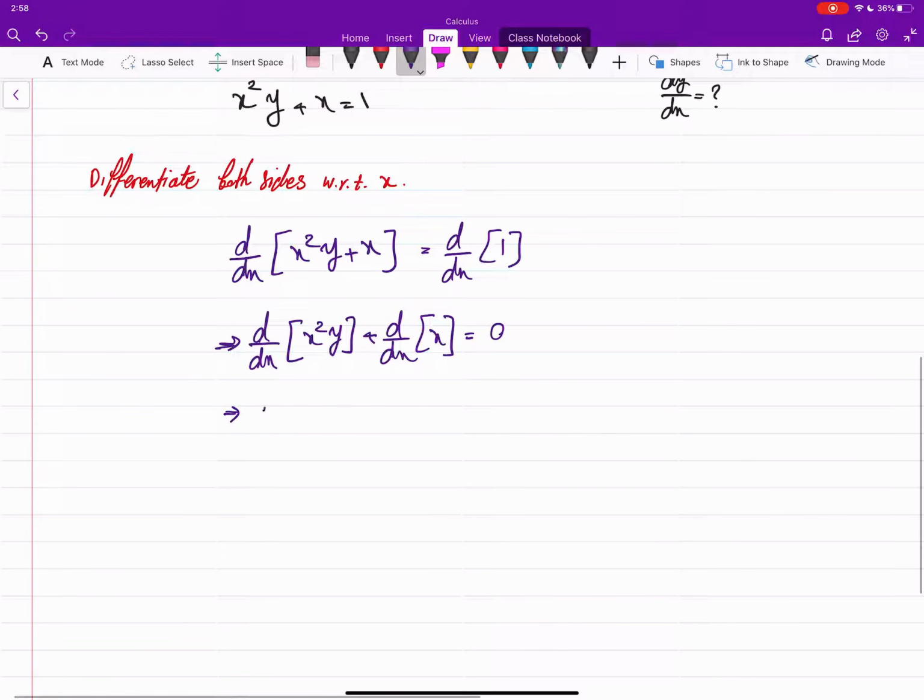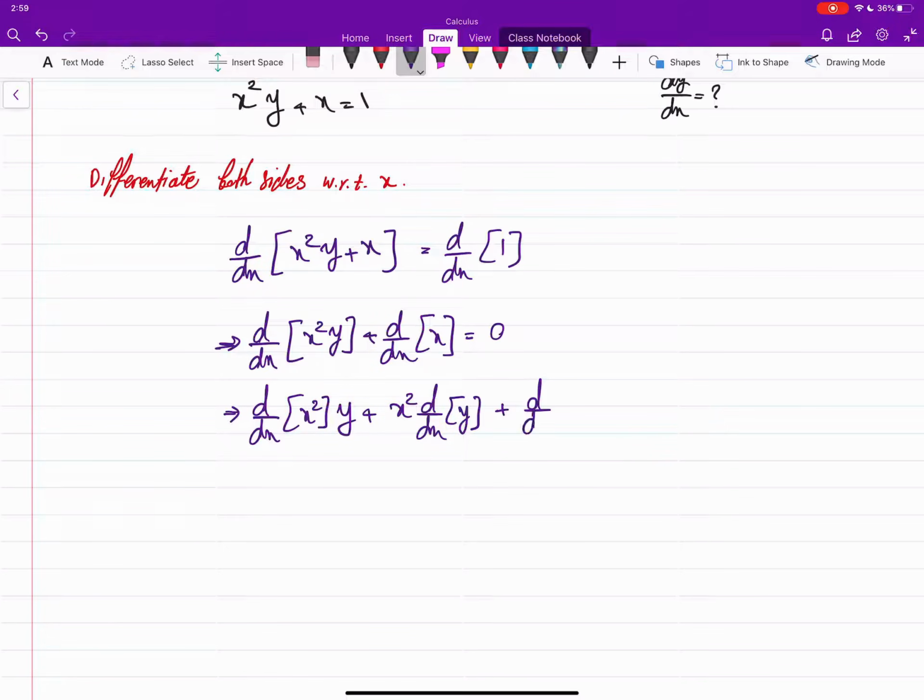Then the product rule: the derivative of x squared y plus x squared times the derivative of y with respect to x, which we can just write dy dx. And the derivative of x with respect to x is 1.